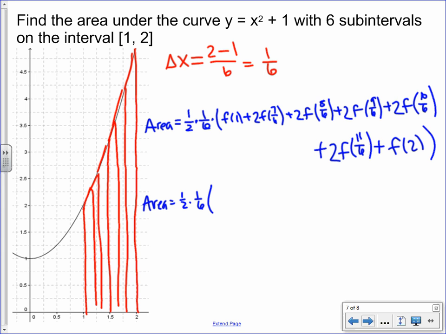Pod 1, what is f of 1? 2. And 7, 6. 85, 36. Okay. Pod 3, f of 8, 6. That's you.